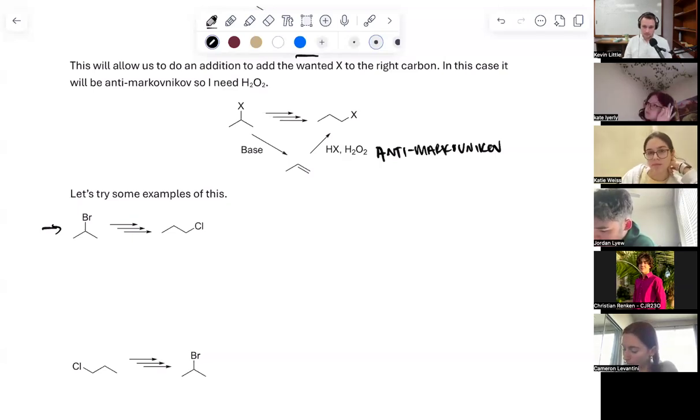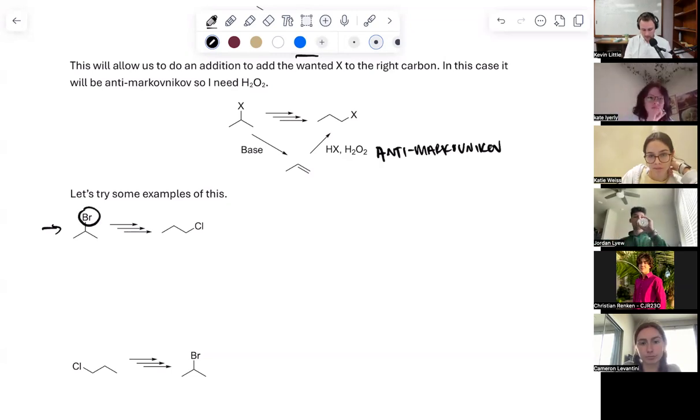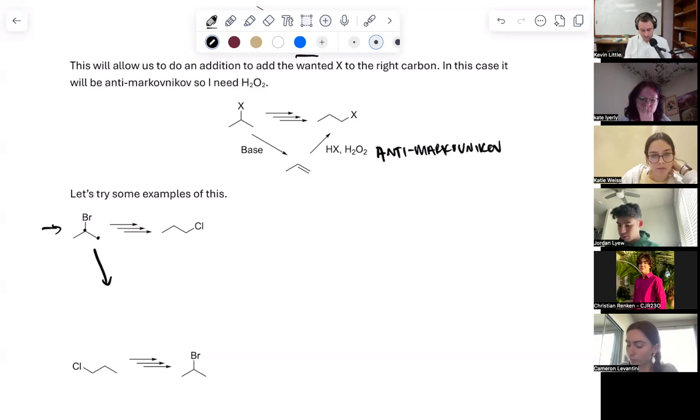All right. So if you notice, this is almost the exact example, right? We had our X, which is just our non-carbon thing, our heteroatom, right here on this carbon. We want to move it to this carbon. So the first thing is we have to eliminate it. We're going to do that with some kind of base. In this case, it doesn't matter. It's a secondary, and if I eliminated from either side, it would be the same molecule.